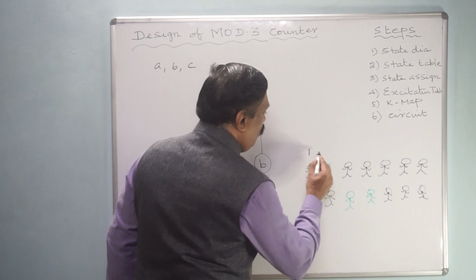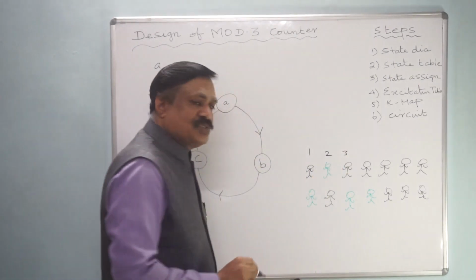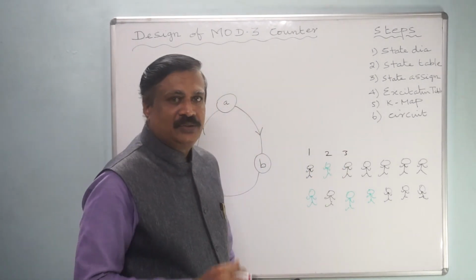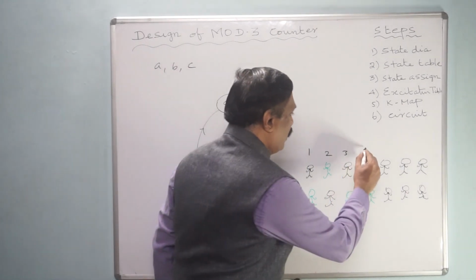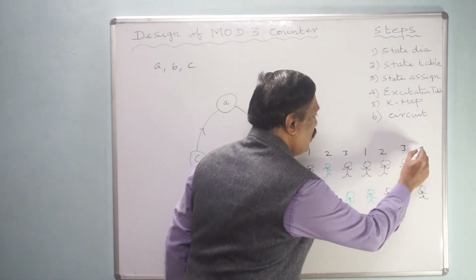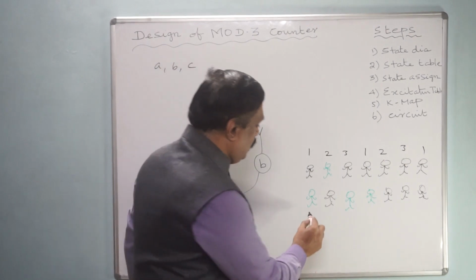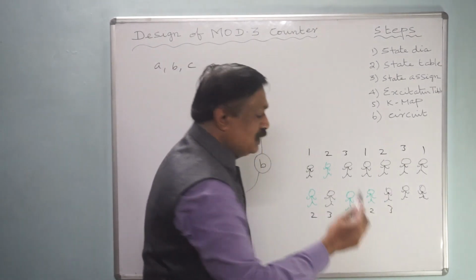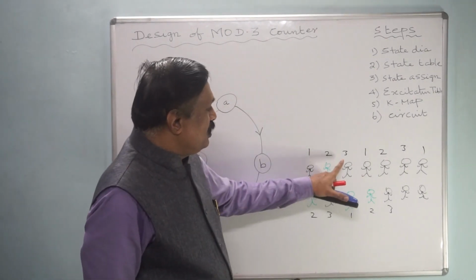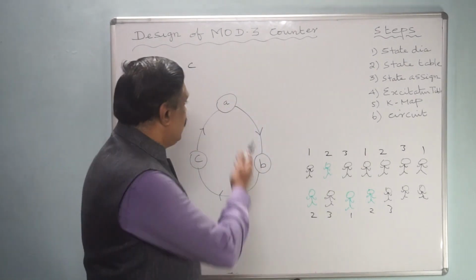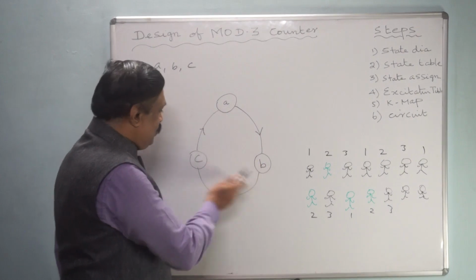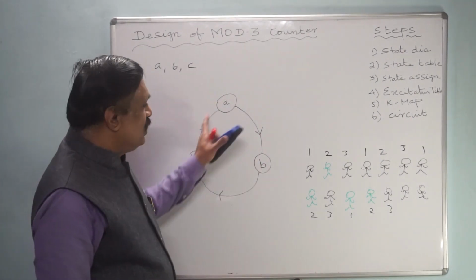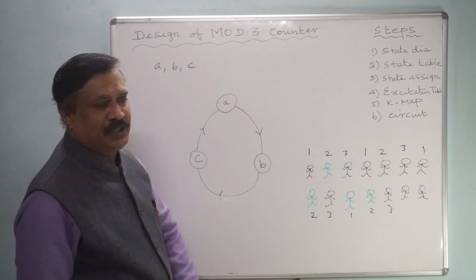The fourth student starts again at 1, 2, 3. After 3, it comes back to 1. Just like here also, A to B, B to C, C to A. This is the state diagram for mod 3.